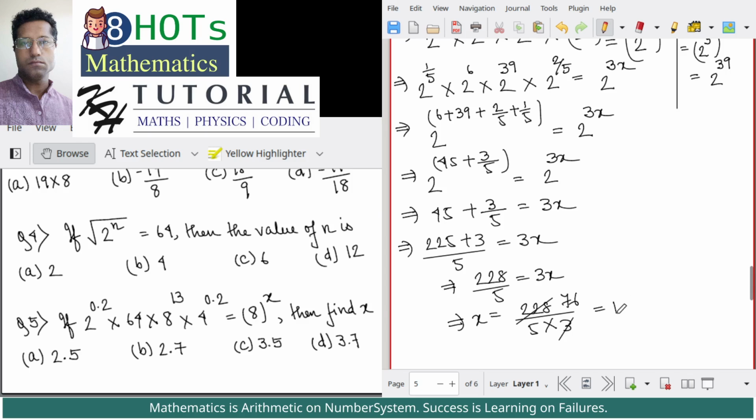So this should be 15.2. 15.2. My answer is not matching with the choices. Let me quickly check if I did any mistake while copying the question from the reference book.